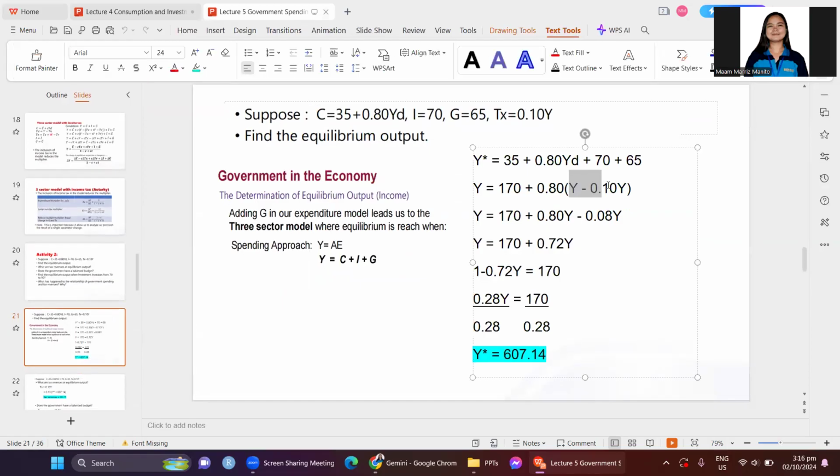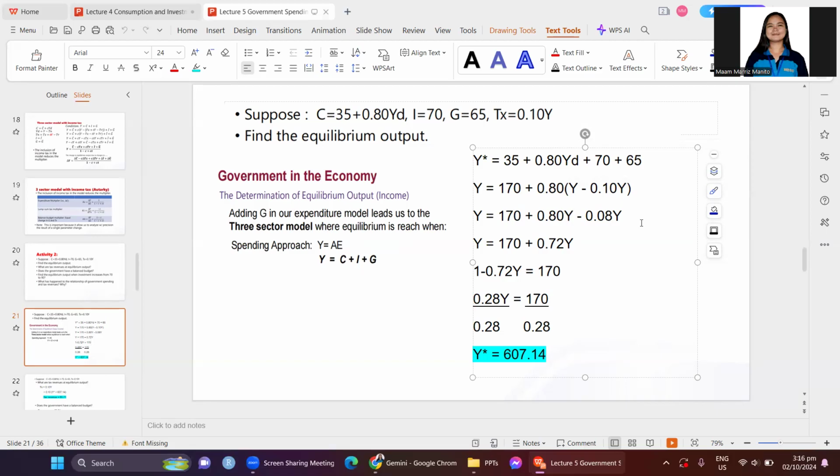So we simply subtract 0.10 Y from Y, the income. It is a minus sign, because it is given as Y minus TN. So we multiply 0.8 by Y, that will be 0.80 Y. Then we multiply 0.80 by negative 0.10 Y, that is negative 0.08 Y.